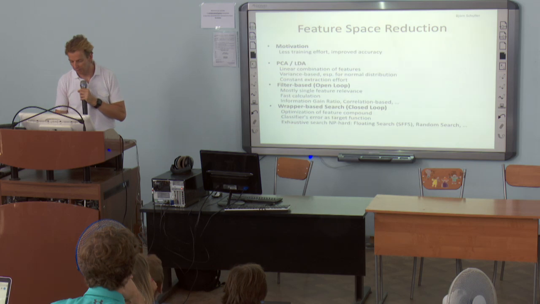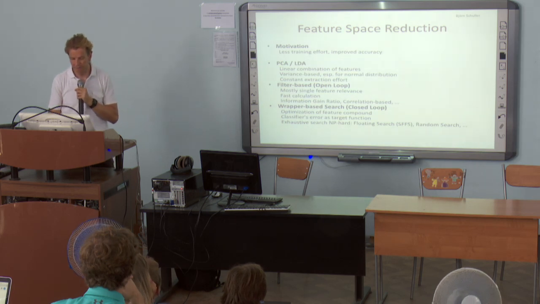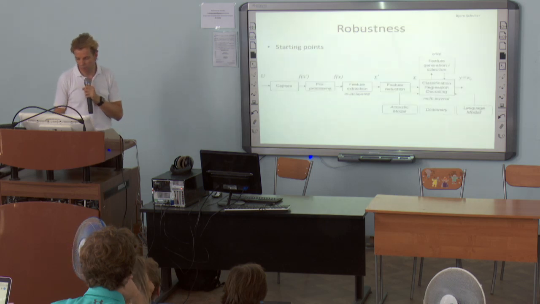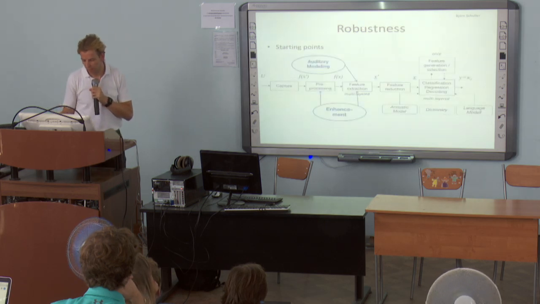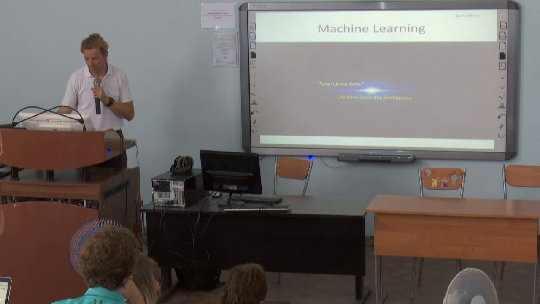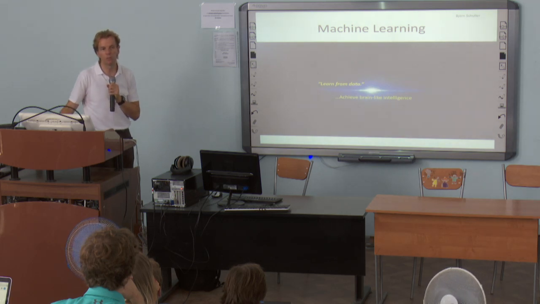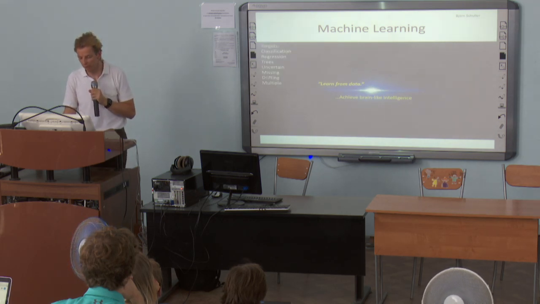And of course you have other kinds of learning-related things such as feature-space reduction like PCA, LDA, and the likes. I don't want to talk about that so much now, but really stay with statistical learning and neural networks. Just to give you a more general overview on machine learning, how much more we could talk about.